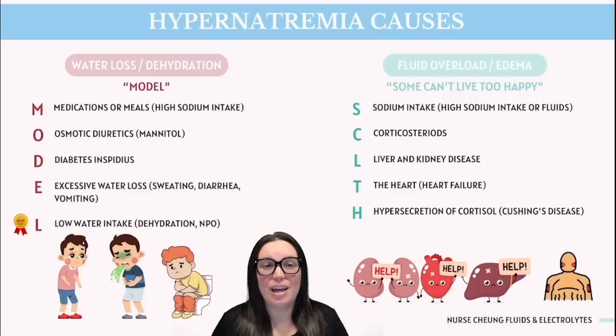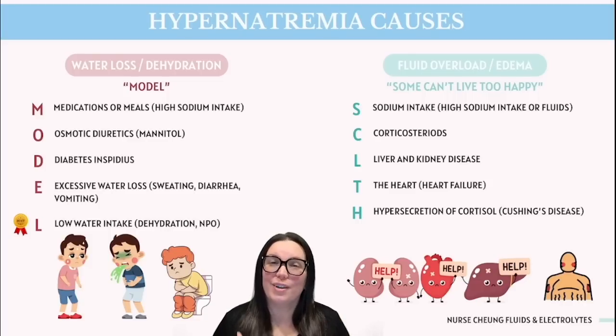Typically, ADH helps the kidneys retain water by making the kidney tubules more permeable to that water. However, in diabetes insipidus, when ADH is lacking or ineffective, the kidneys fail to conserve that water, causing excess water loss through our urine.